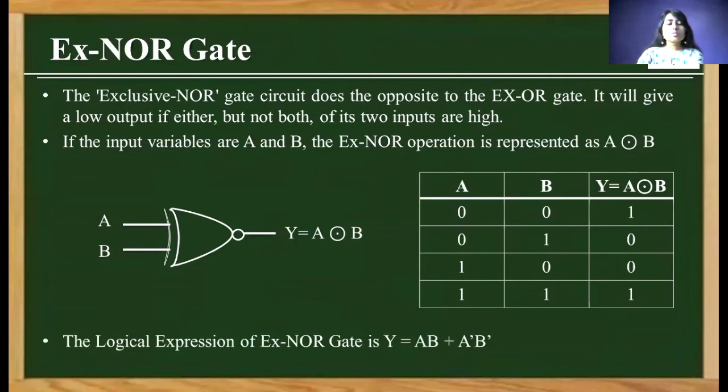The logical expression of the XNOR gate is AB plus A dash B dash. So this is how the XNOR gate works.